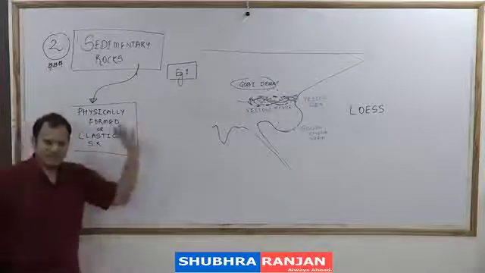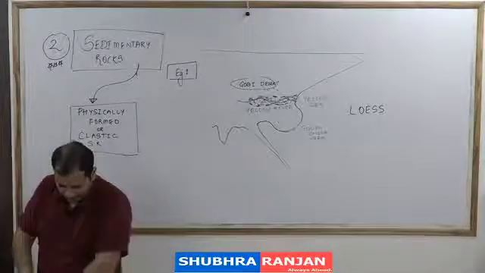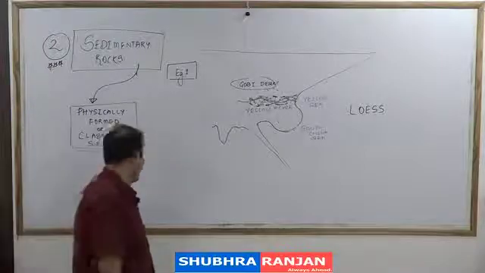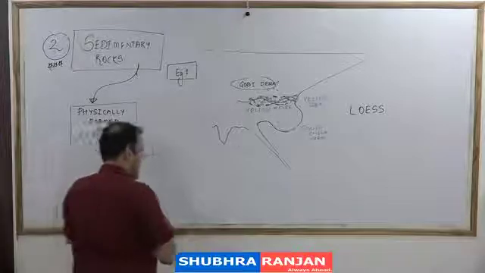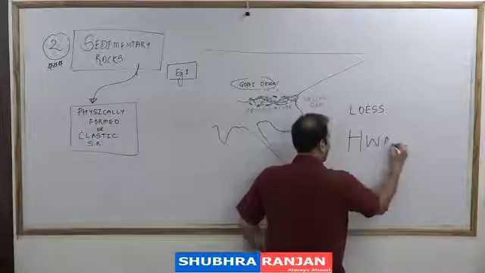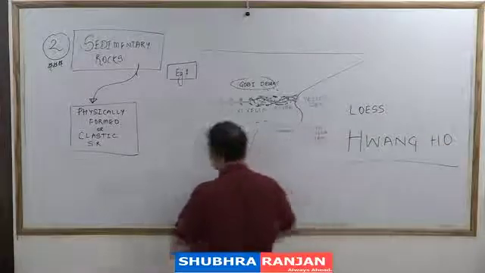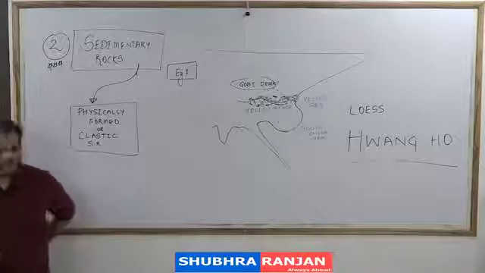Write this later as some extra facts, but take down now: loess from the Gobi Desert is deposited in the Wang Ho River region.